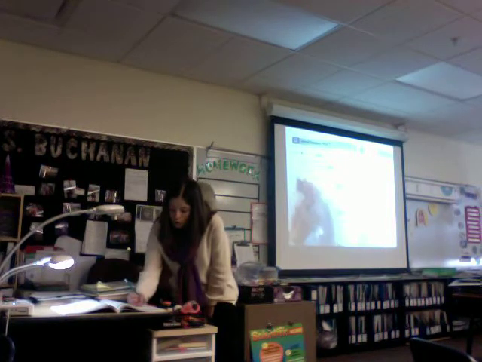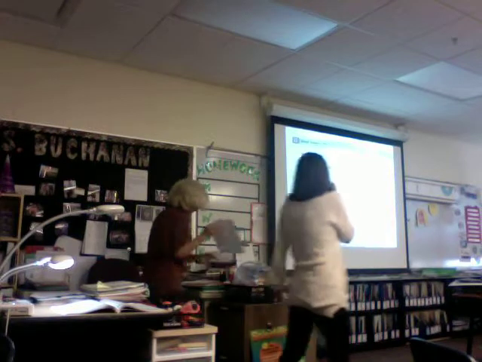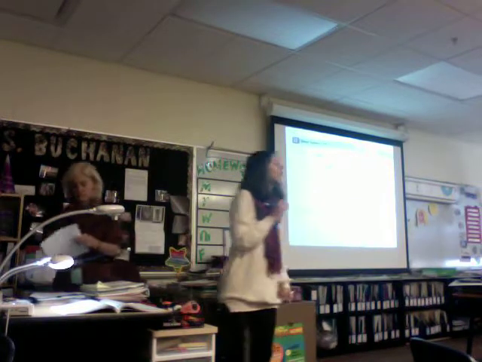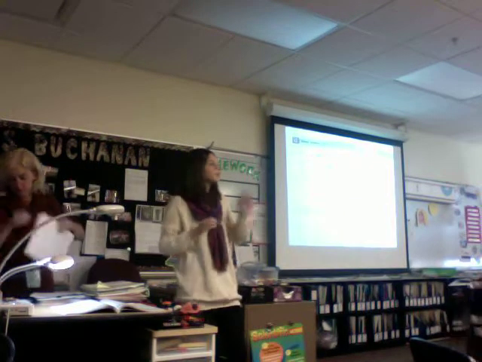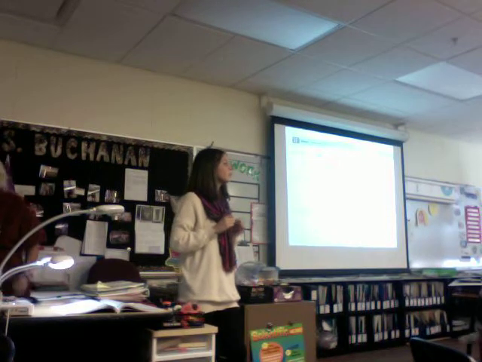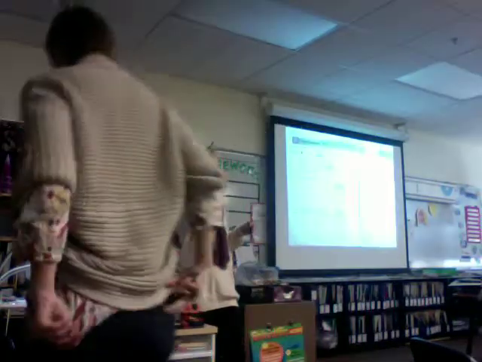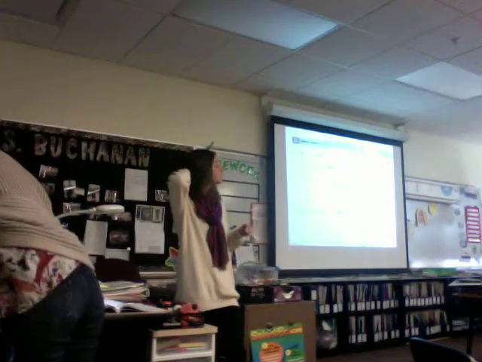How many trapezoids does it take to equal a hexagon? 2. So a hexagon is worth what, buddy? 1/2. Awesome. Okay? So that's what we're going to be working with today in math groups.